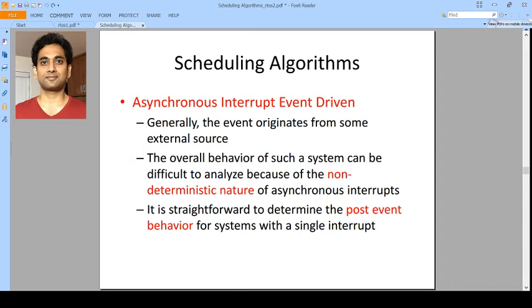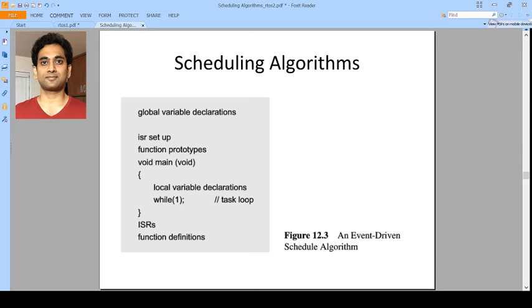So event determinism is very little, but post-event determinism is high for asynchronous interrupt-driven mechanisms. So here is a while(1) loop, and when an interrupt is generated, the while loop is temporarily paused, the ISR is handled, and then we go back to executing where we left off.